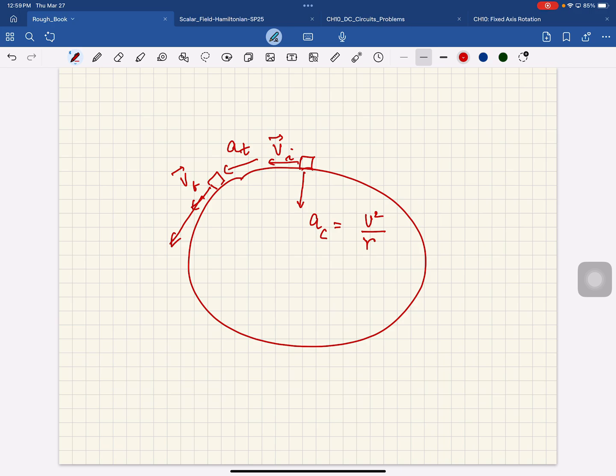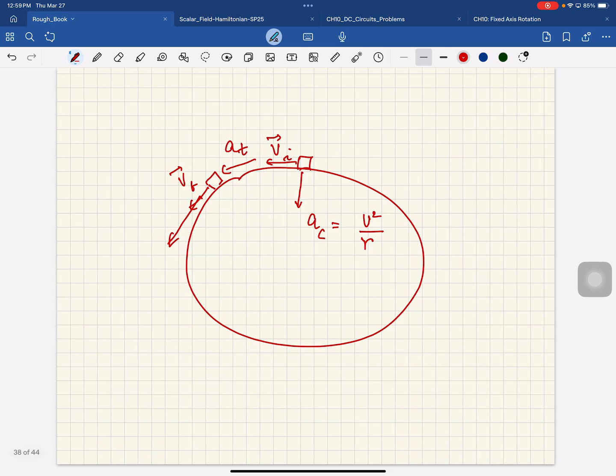The slope of that line when it touches the path is the velocity. We call it tangential acceleration because it is tangent to the path. It's as simple as that. So when the magnitude of the velocity changes, that component of the acceleration is tangent to the path.